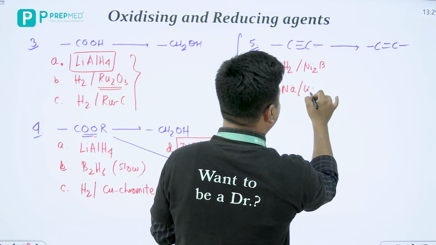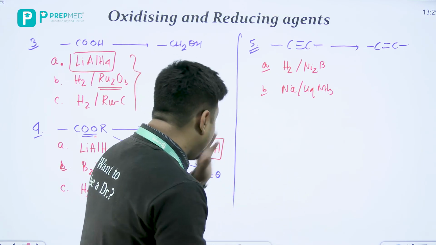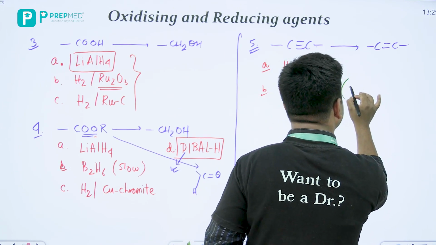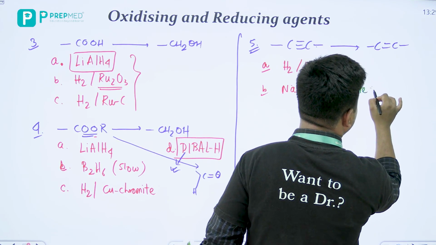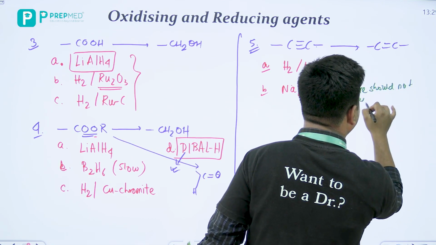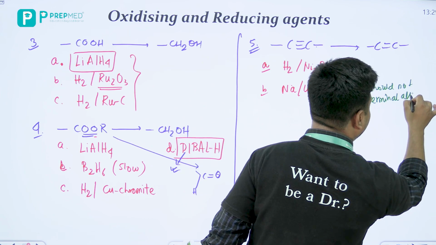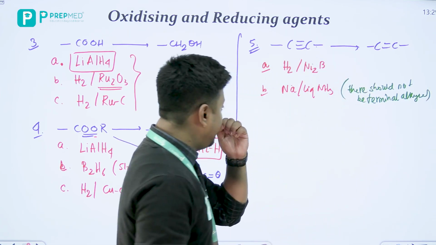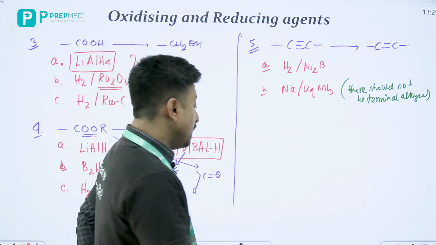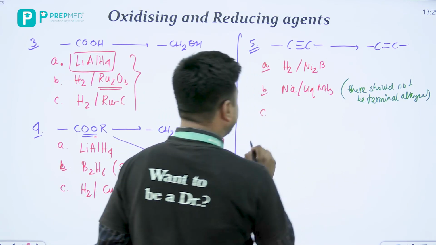Sodium in liquid ammonia is also known as the Birch reduction. But if you are using sodium in liquid ammonia, remember one note: there should not be a terminal alkyne, because then this will behave as a base and it will form the corresponding anion. So there will be a problem.